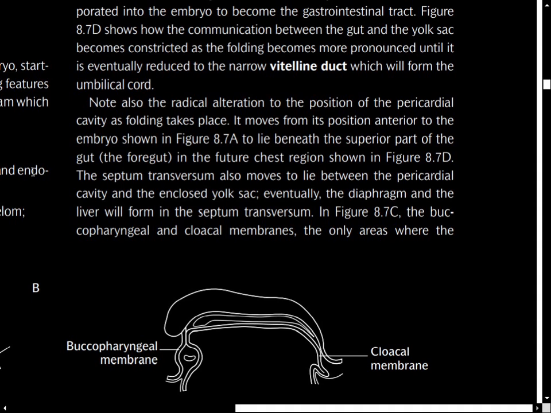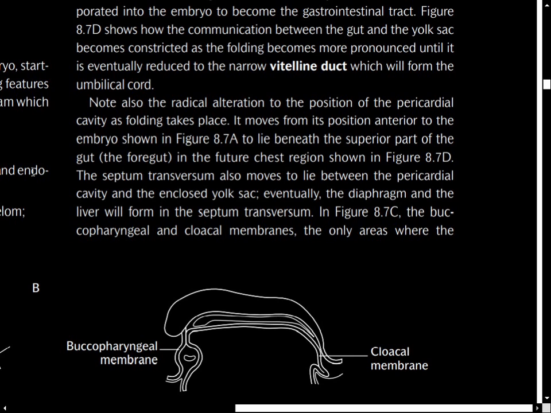Note also the radical alteration to the position of the pericardial cavity as folding takes place. It moves from its position anterior to the embryo, as shown, to lie beneath the superior part of the gut, the foregut, in the future chest region.